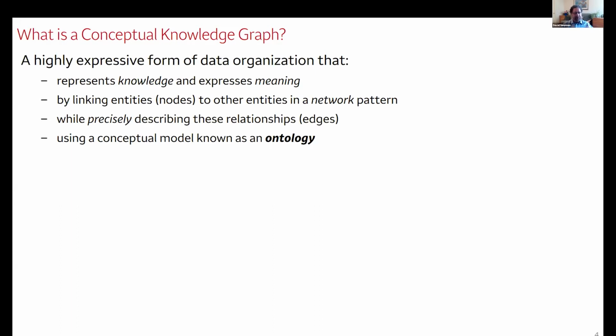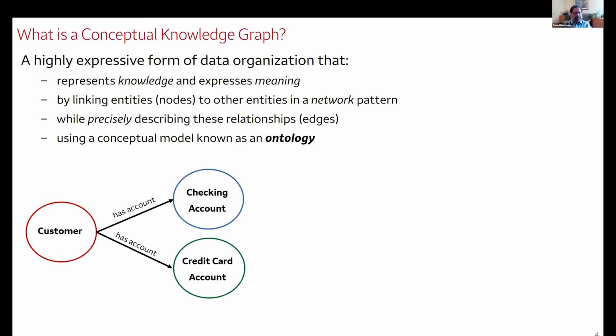And these relationships between the nodes, or what we call edges, are intelligent. They specify very rich relationships. And this can all be understood in the context of what we call a conceptual model. We call it an ontology.